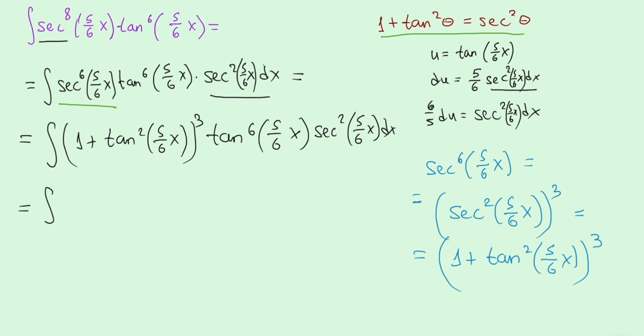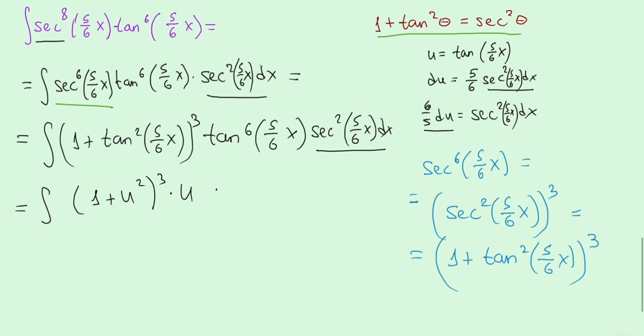So we're going to have 1 plus u squared to the 3rd power times u times now secant squared of 5/6x dx. That will equal 6/5 du. So let's write the constant at front, 6/5, and we'll write the du here.